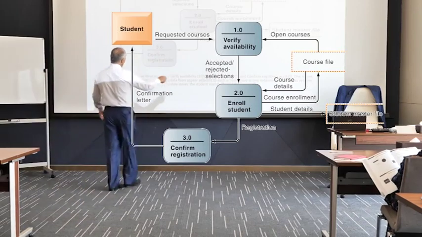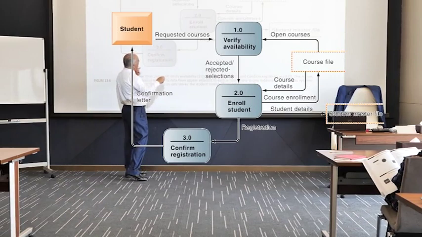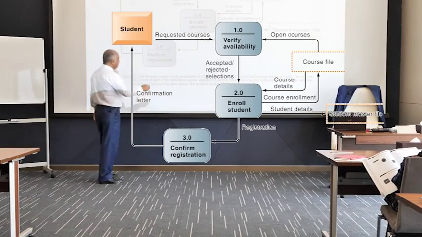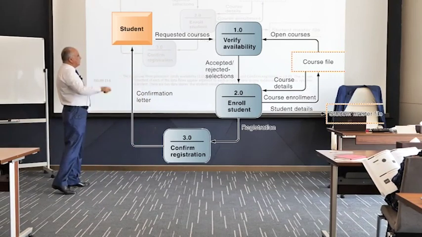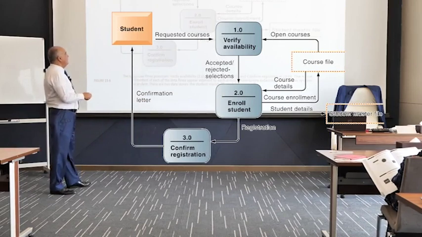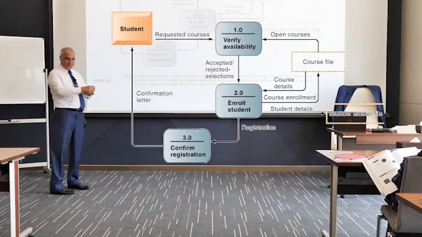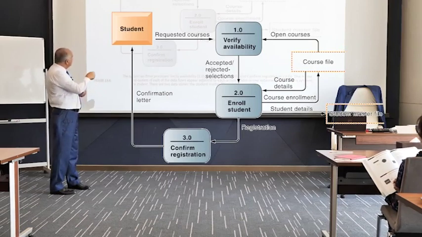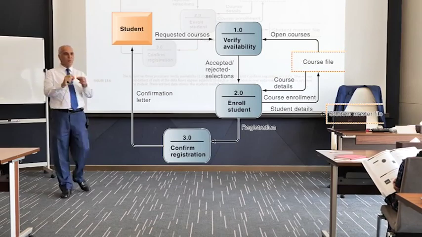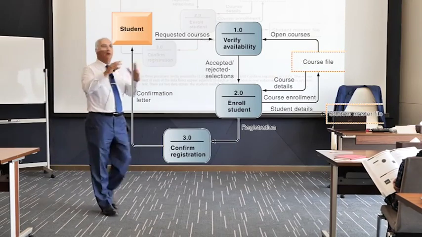Now we are doing what? Registration. So after we enroll the student, we need to confirm his registration. So again, this is a confirmation letter. It's an automated process sent to whom? To the student, through email or whatever, or a letter.